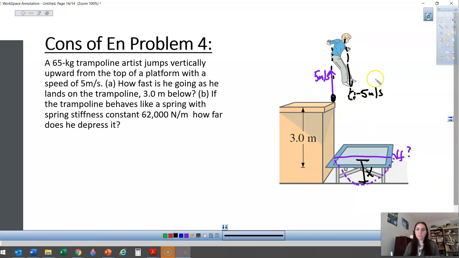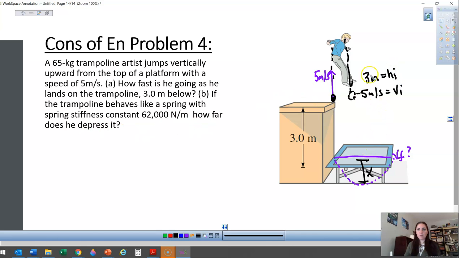So in other words, the initial velocity, I could start as 5. Technically right here, he's moving at 5 meters per second at that point. And we want to know how fast he's going at this point. But this person also has some height, right? So from here to here, the initial height is 3 meters.